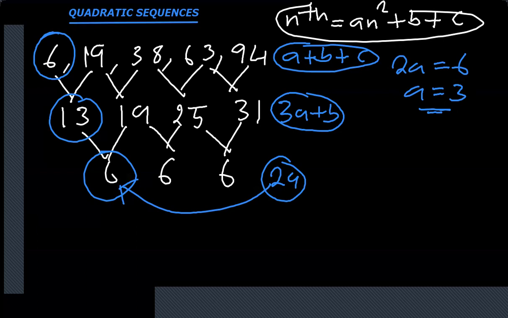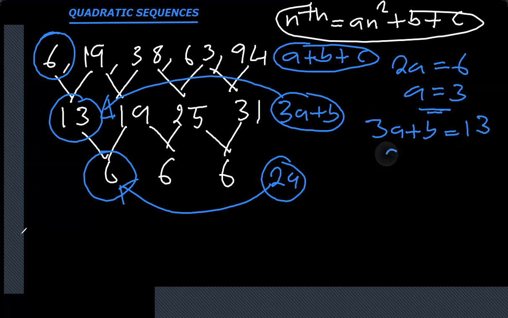Then 3a plus b will be equated to 13. But our a was 3, so substituting there, we get 3 times 3, which is 9, plus b is equal to 13. Using the subtractive property, we get b is equal to 13 minus 9, which is 4.